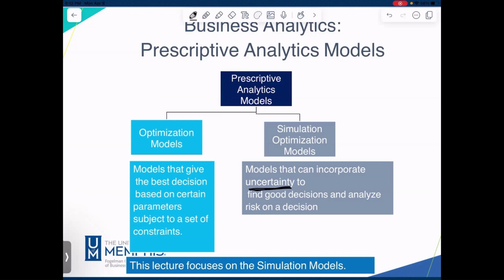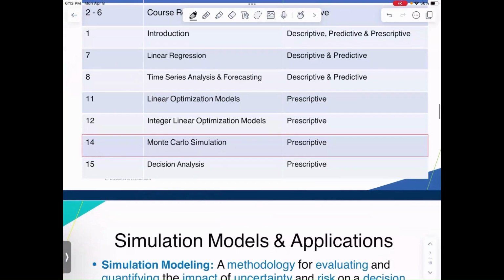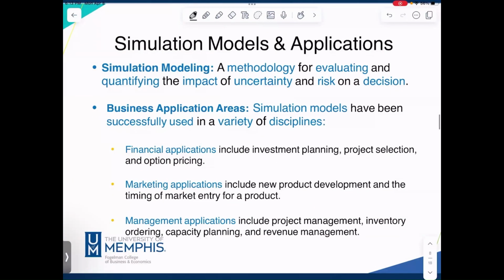So there is no uncertainty in your inputs. Whereas here, there are some uncertainties. You might not know exactly what's going to happen, and we will keep that uncertainty in mind while we prescribe something, okay? If you're following the book, this is going to be chapter 40. All right, so let's get into it.